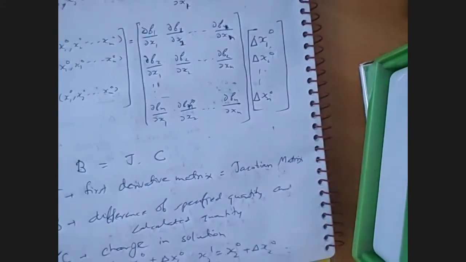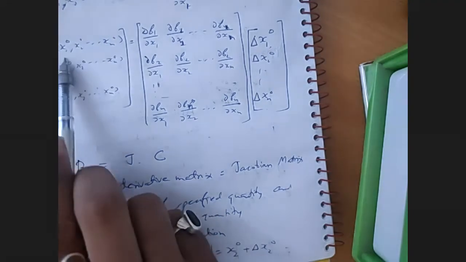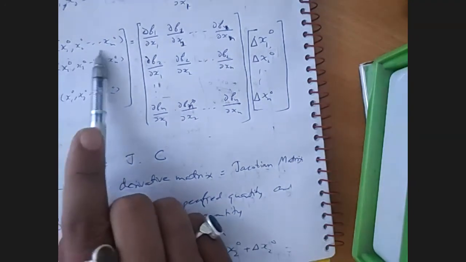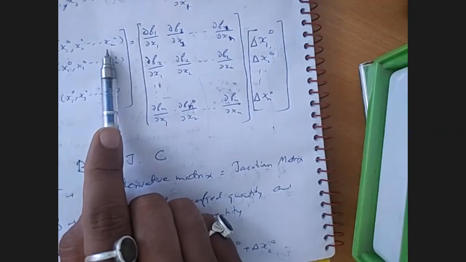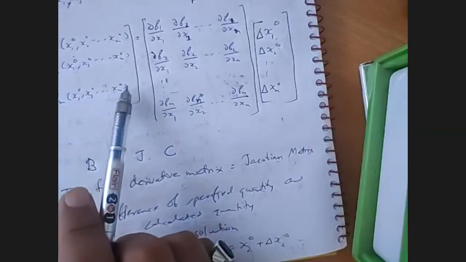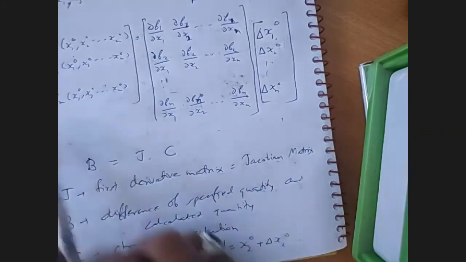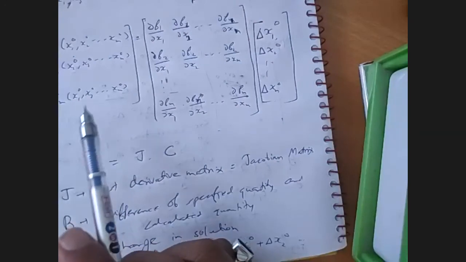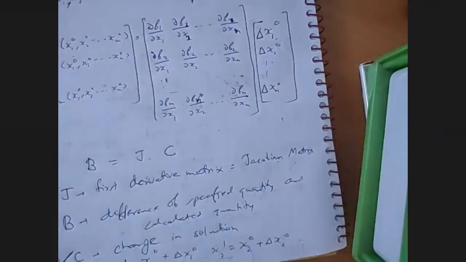So the basic drawback of the Newton-Raphson method is that it starts the calculation by assuming x1,0, x2,0 and xn,0. So it mainly depends on how close you select your x1,0, x2,0 up to xn,0. This is the major drawback. If you have selected quantities nearer to the final solution, you will easily get the solution.